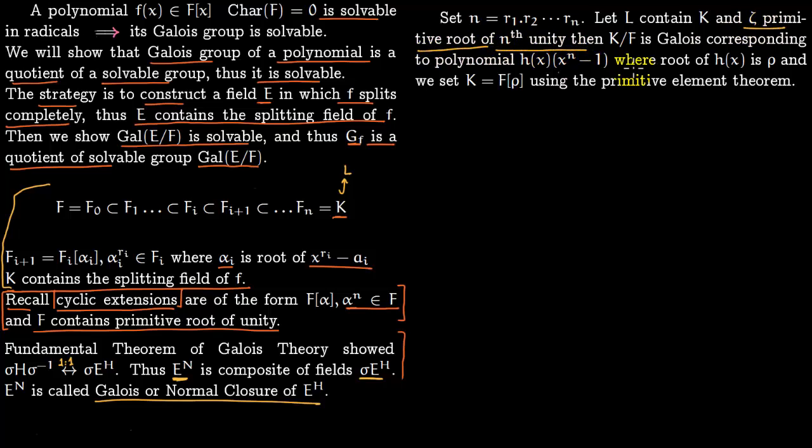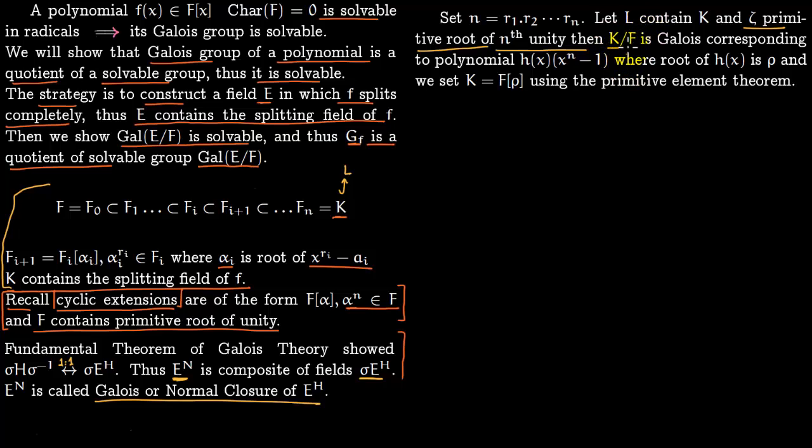We have no option but to include zeta because we want to use our magic bullet right here: cyclic extensions of the form like this, where F contains a primitive root of unity. So since we want to have cyclic extensions, which is the only way we can get solvable groups, we need to have this zeta adjoined to L.